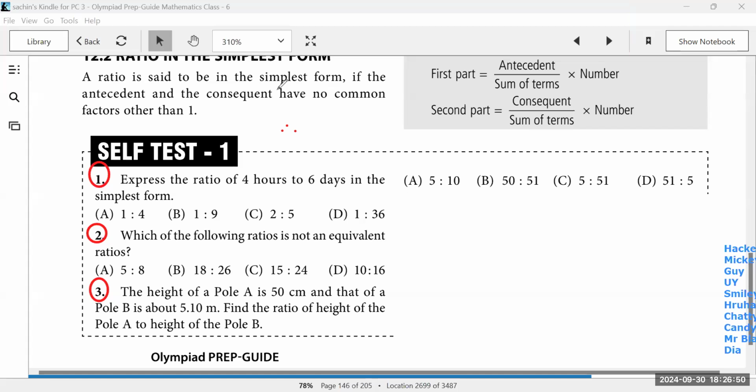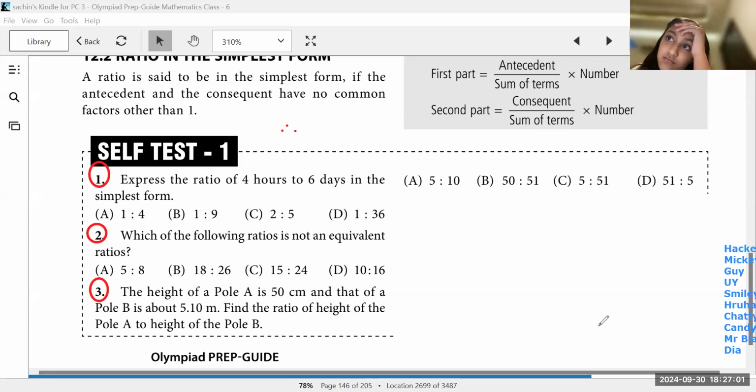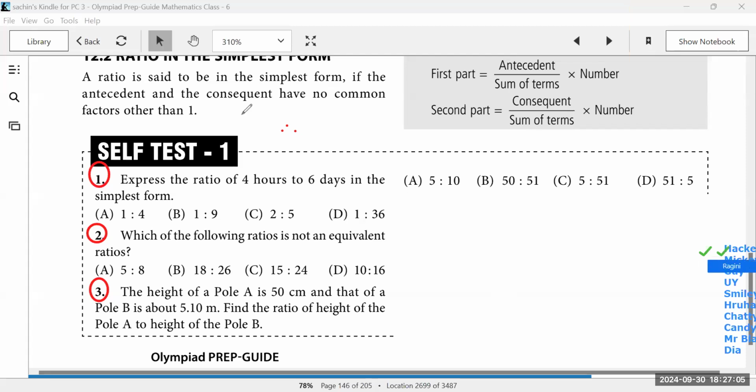Is there anyone who doesn't remember ratios? No, sir. Mikey, how many mistakes did you get in the first paper? I forgot.